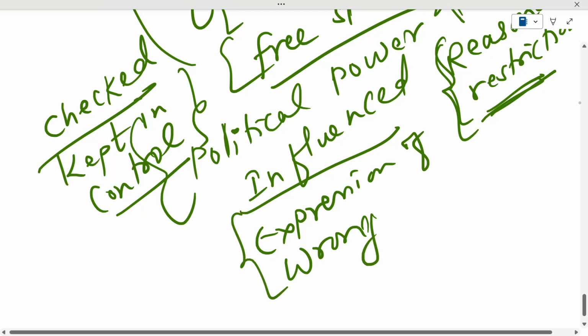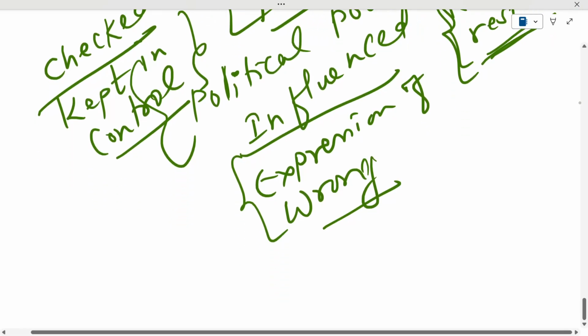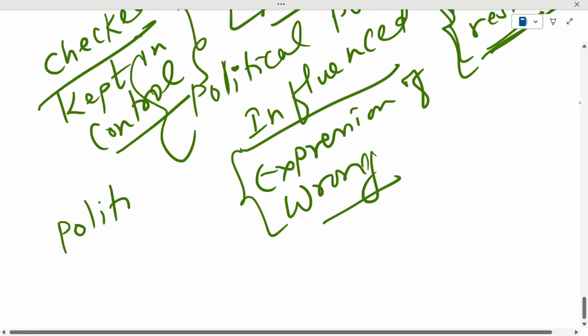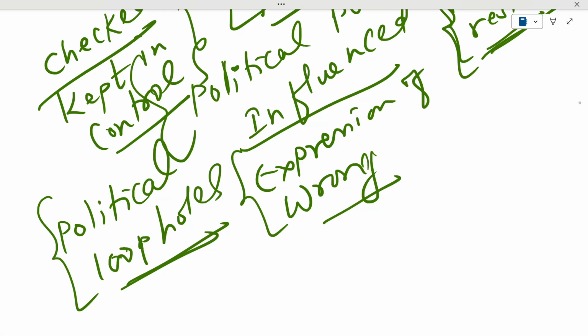If something is being done in a wrong way, if the resources are distributed in a wrong way, if political power is being sidelined, if loopholes are being created to the detriment of a certain section, in such a way your free speech is necessary.